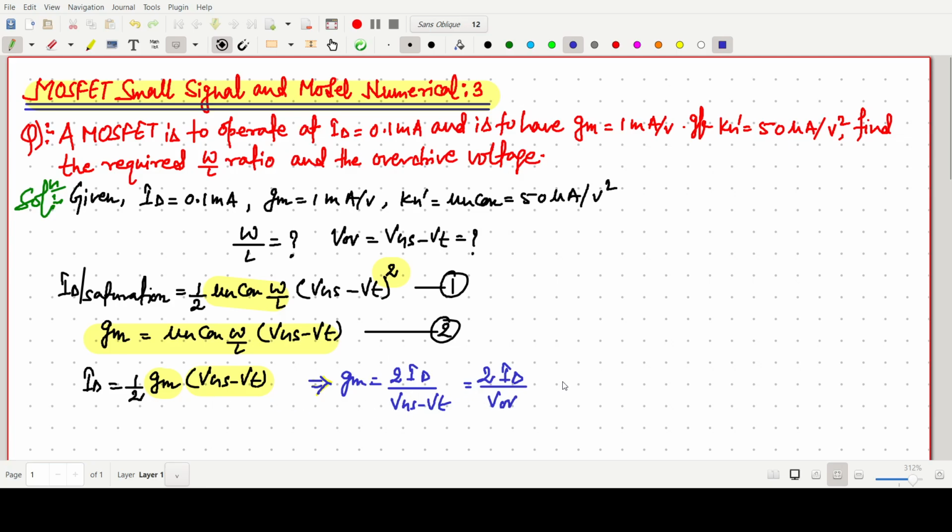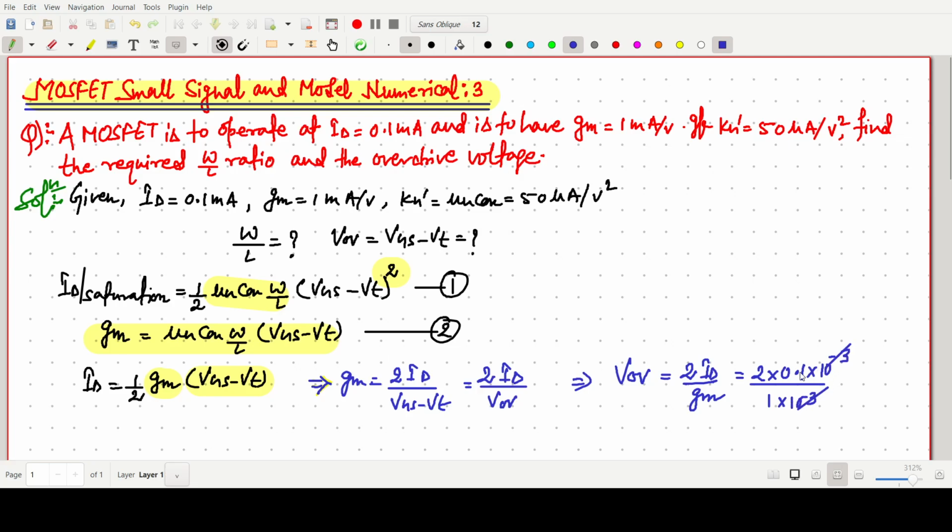So ID and gm are given, so we have to find VOV. VOV can be written as twice ID by gm. The ID value is known to us, 0.1 milliampere, so I am writing 10 to the power minus 3, and the gm value is also given, 1 milliampere per volt, so 10 to the power minus 3.